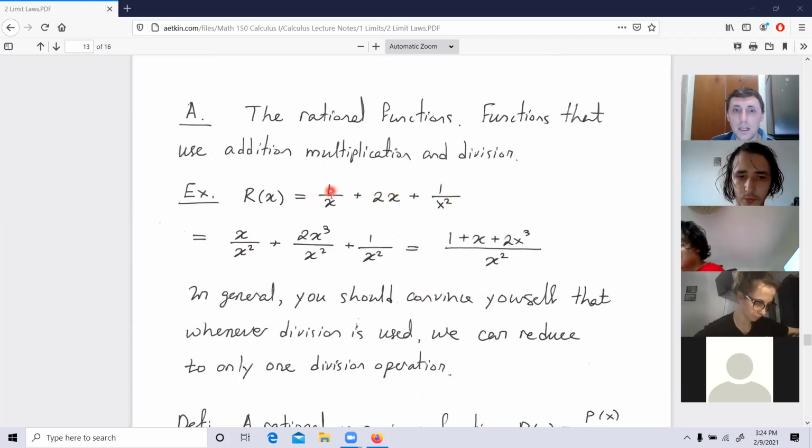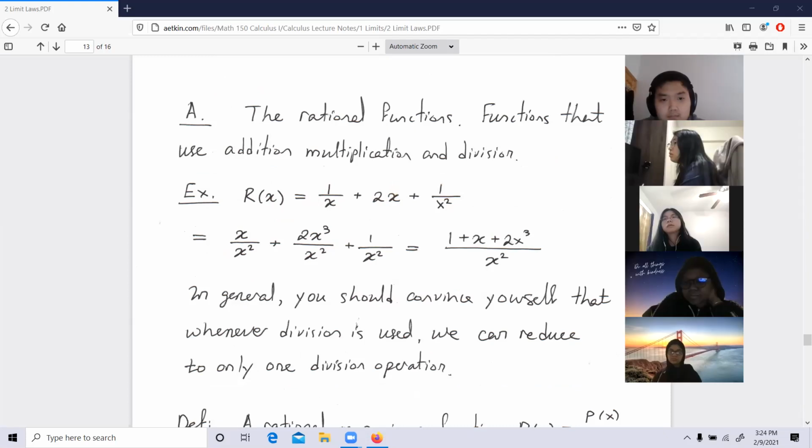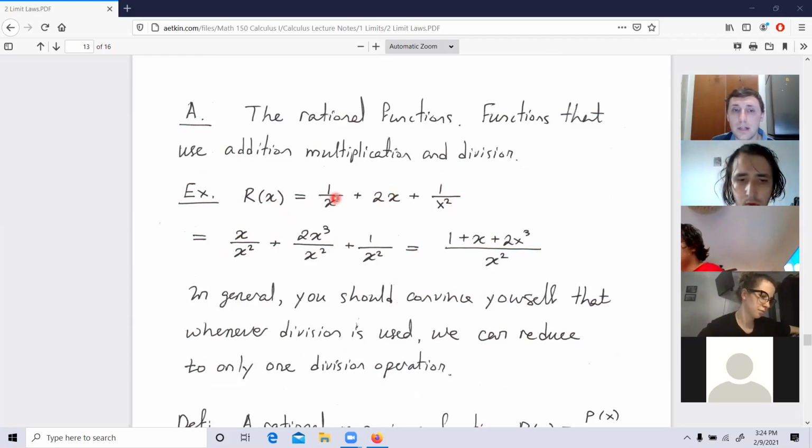Look at it. Here I use division exactly twice. You agree? Now I'm going to reduce it to the situation where I use it exactly once. So I just write a common denominator. If it's 1 over x, I multiply top and bottom by x. Right? It's x over x squared. Here, to make it have the same denominator as x squared, I multiply top and bottom by x squared.